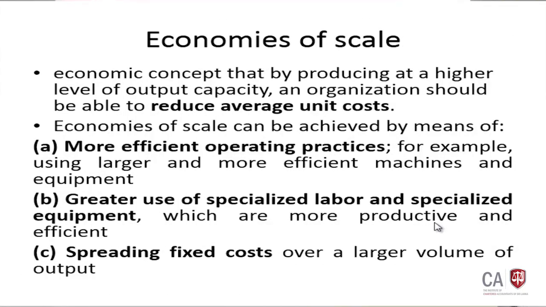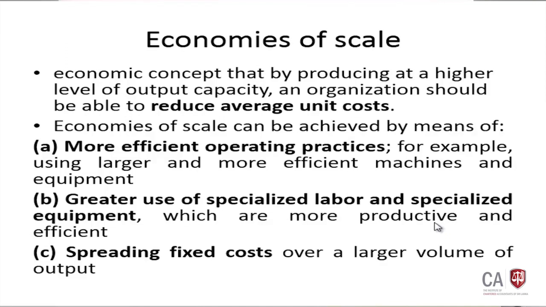Right, here we talk about economies of scale also. Since economies of scale have been mentioned, I am sure you have learned this in economics. Normally, economies of scale deal with capacity utilization. When you are operating at a higher capacity level, that automatically helps you to reduce the costs. That is called economies of scale.